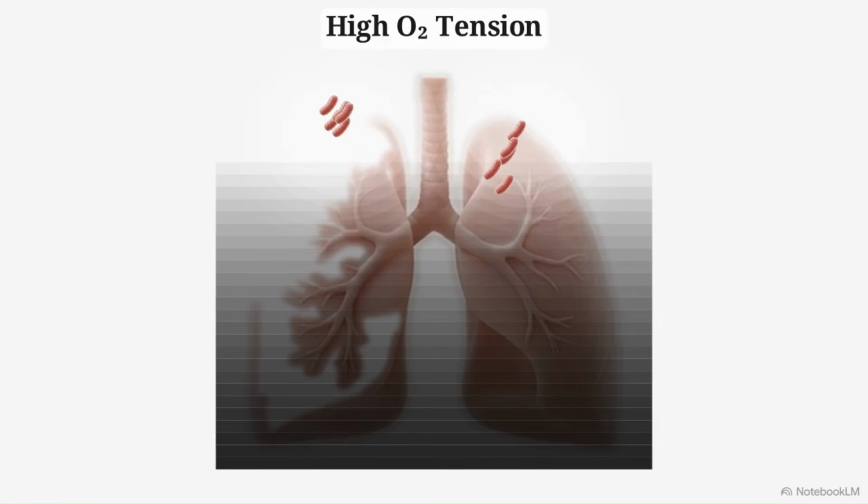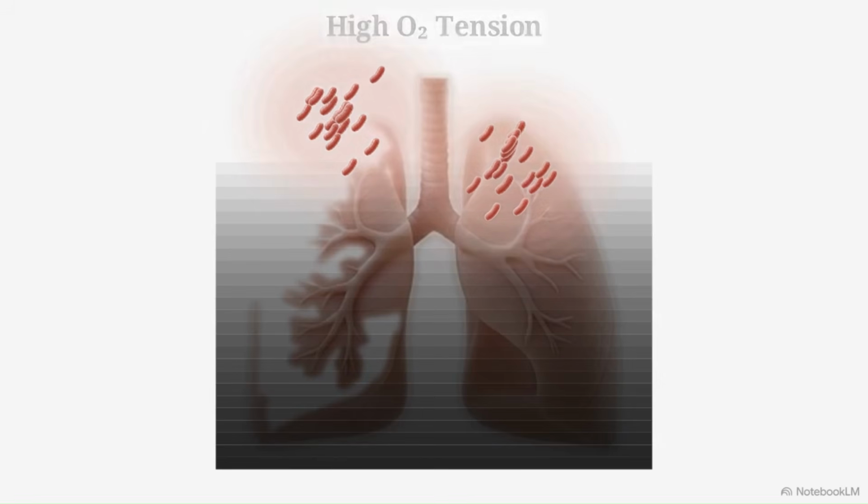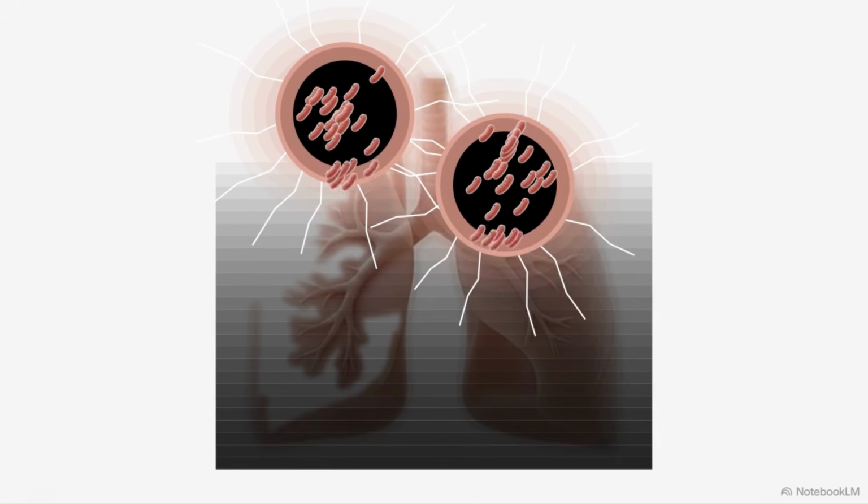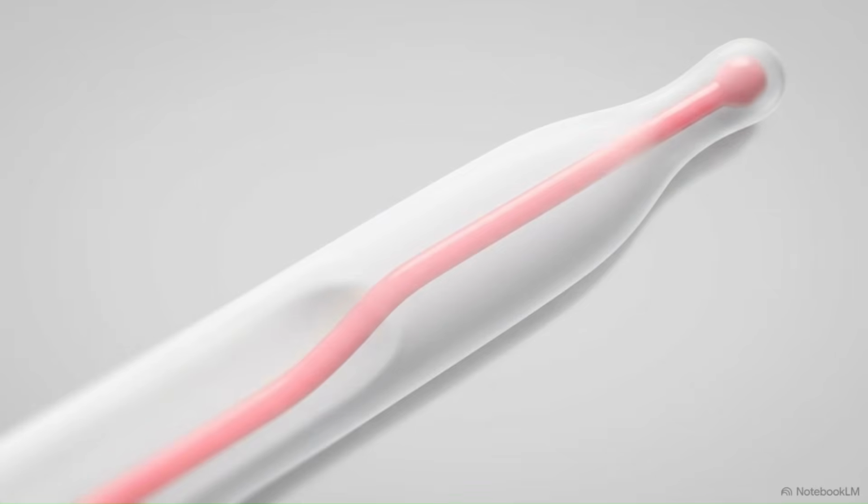Mycobacterium tuberculosis is an obligate aerobe, meaning it seeks the areas with the highest oxygen tension. Because of rapid multiplication in these upper lobes, chest X-rays and CT scans will show extensive tissue destruction, revealing thick-walled cavities, severe fibrosis, and subsequent bronchogenic spread.